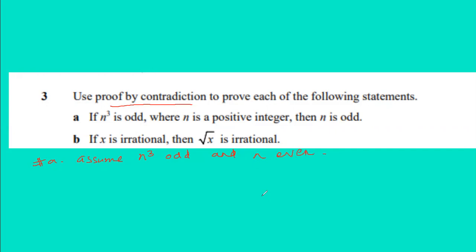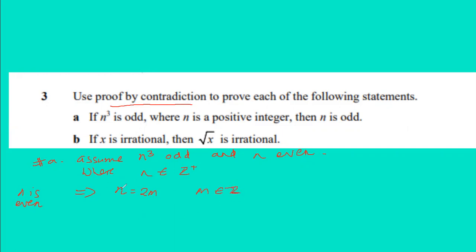So this is literally me starting to prove by contradiction, where n is an element of the positive integers. So let's say n is even. Therefore, that then means that n is equal to 2m, m is an element of the integers.